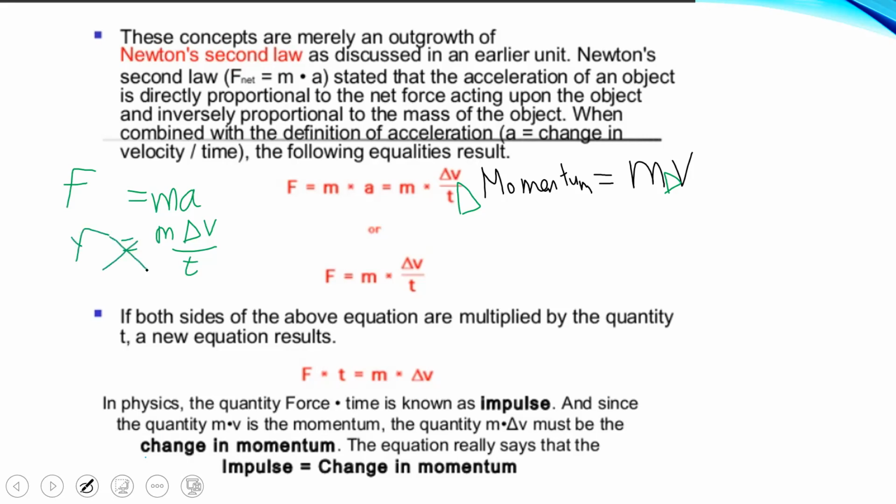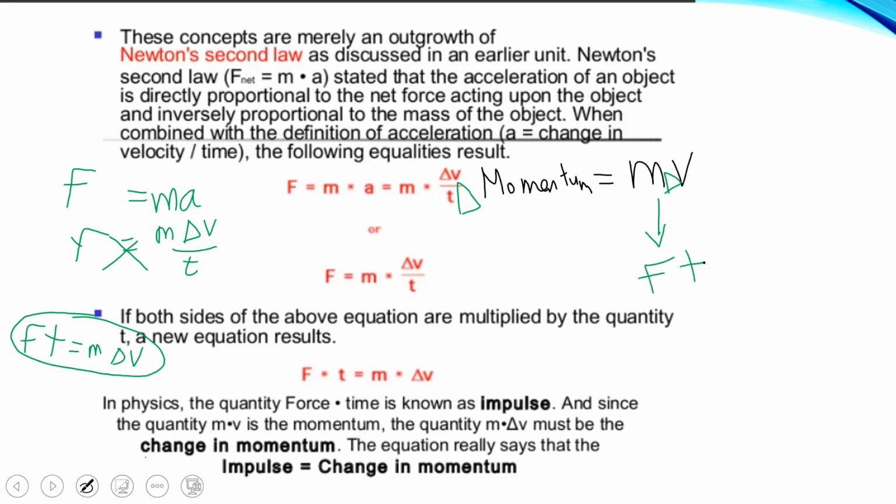Let's make now a cross product here. F times t, you will get m delta v. Here I said that m delta v is also from here. We said that m delta v is the force times t. So I can write now m delta v as a force times t.